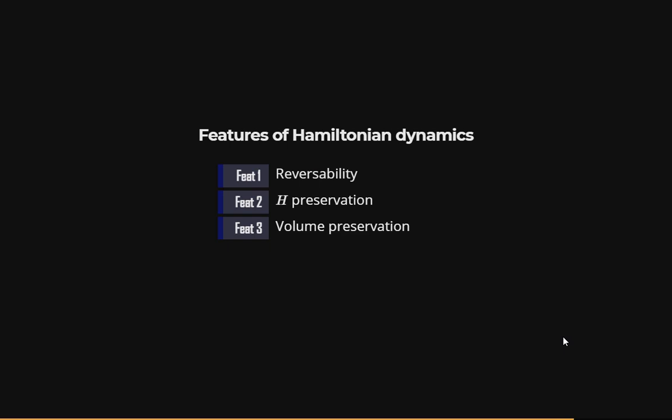This is called the Liouville theorem. And I'm not talking just about the positions, I'm talking about the volume inside the x-alpha space, so inside the whole cotangent bundle.